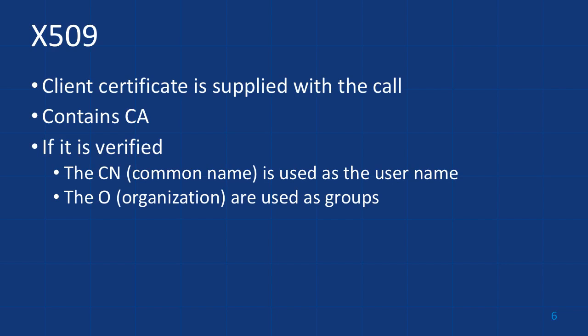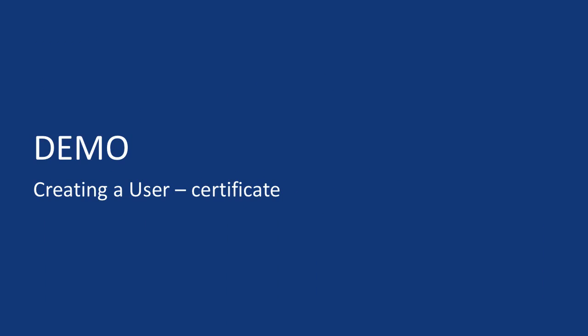If it's verified, the common name, the CN, is used as the username, and the O is used as the groups. The easiest way to walk through this is to go through a demo. We'll create a user, create a certificate, and then create a Kubernetes config file. Once we have that file, we can at the very least make a connection to our Kubernetes server. And a little bit later, we'll add those permissions in.